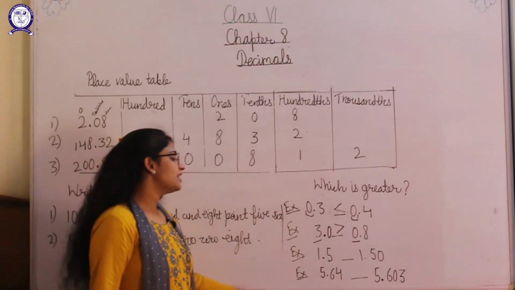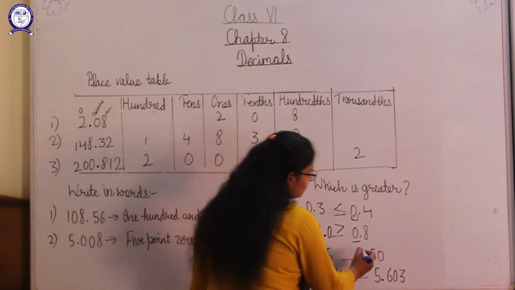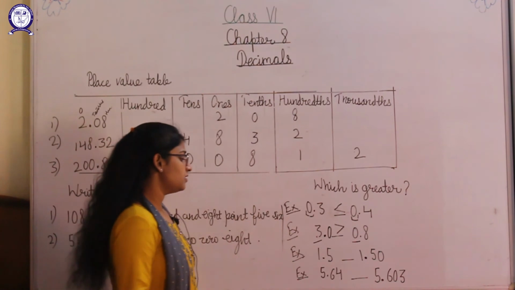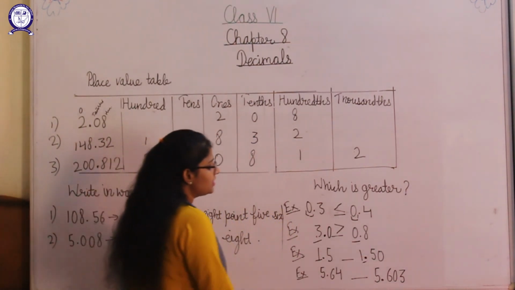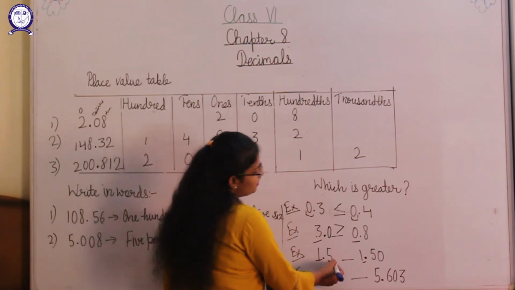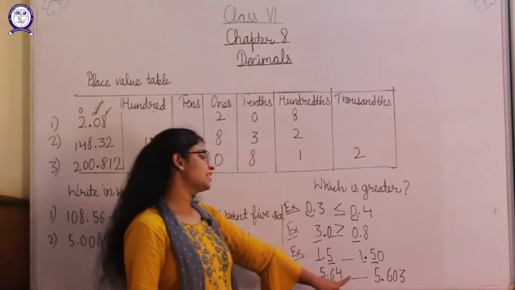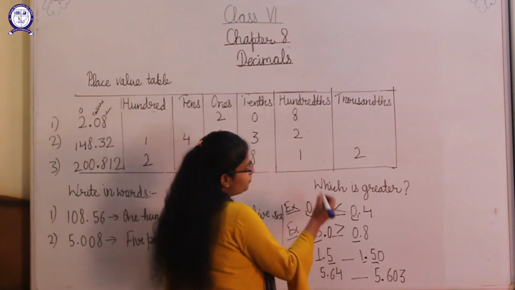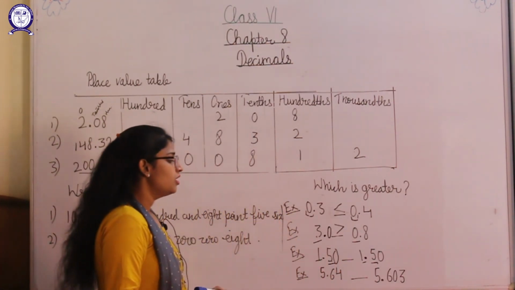Okay, now next one is 1.5 and 1.50. From these two, which one will be the greater, students? If we compare before the decimal, here is 1 and 1, both are same. After the decimal at the tenth place is 5, and here also after the decimal at the tenth place is 5. Now as I can put 0, so here also I can put 0 at the hundredth place.